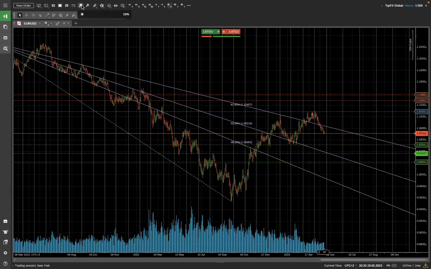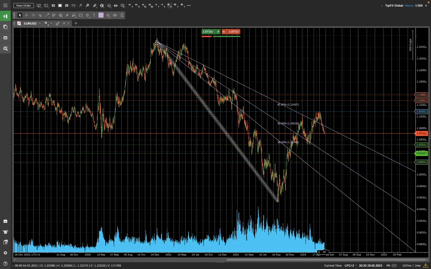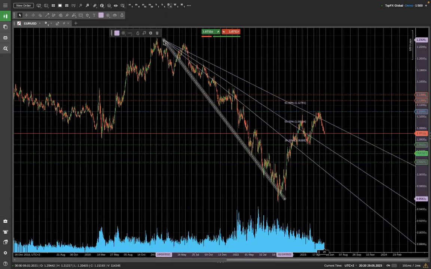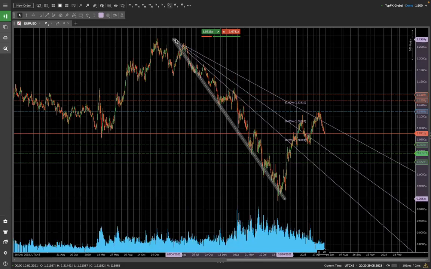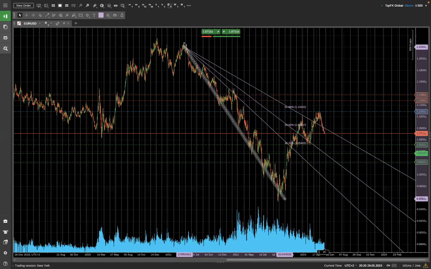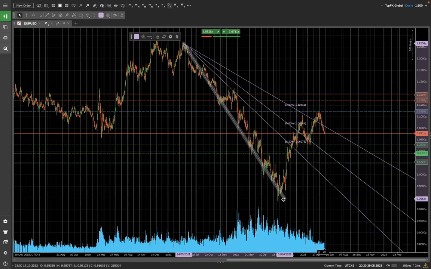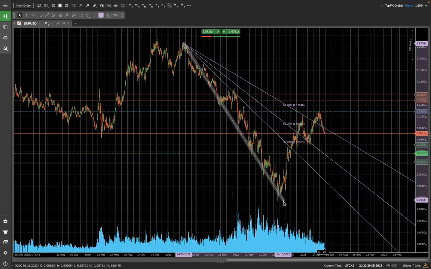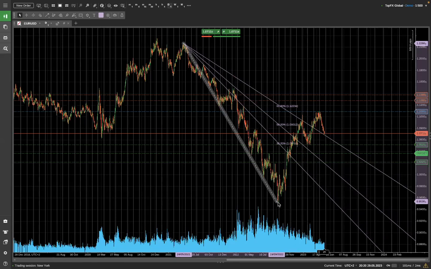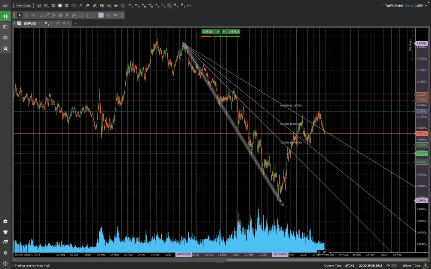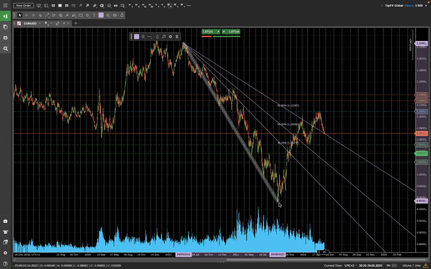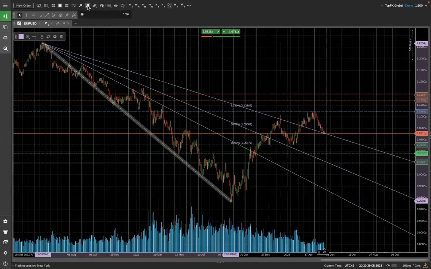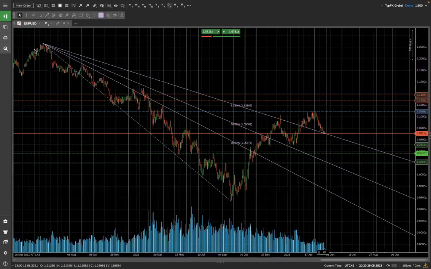But if we take this high, let me just take this high and move it here for that swing, and let's just move this low back to its place somewhere here. You can see that the situation is interesting as well.